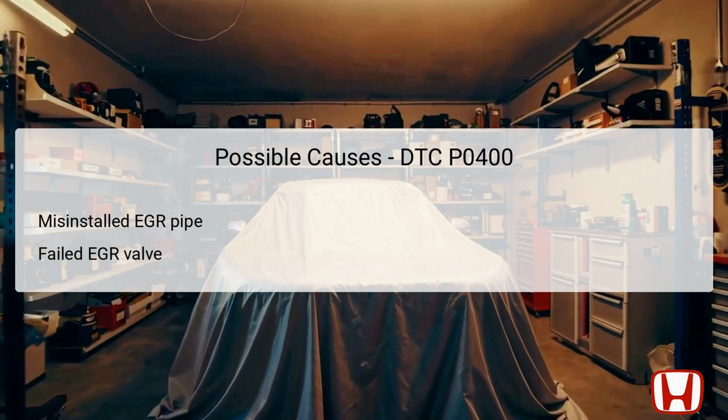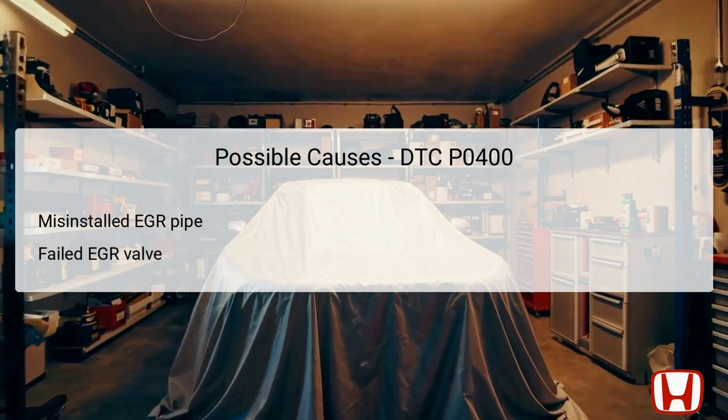The diagnostic text highlights several possible causes that may lead to the triggering of DTC P0400. One significant cause could be the misinstallation of the EGR pipe, potentially leading to improper sealing and air leakage. If the EGR pipe is not positioned correctly, it cannot convey exhaust gases efficiently, resulting in a system leak.